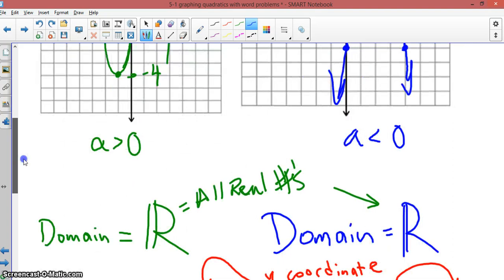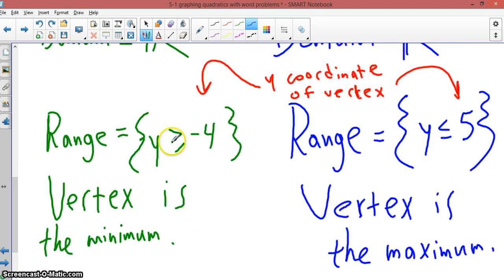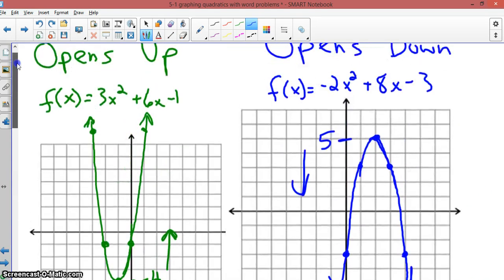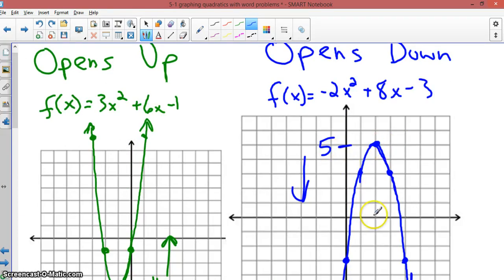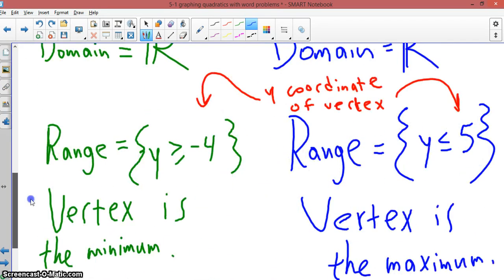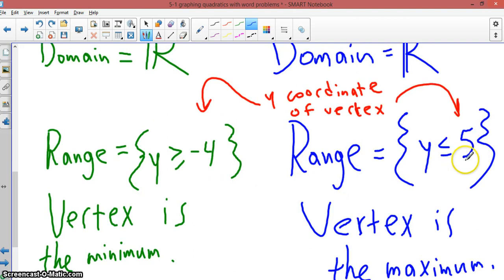So how we communicate that is, all the y values are greater than or equal to -4. This is -4 and above. This is the way we say that. Okay? And then for the blue one, it's from 5 and down, and the way we communicate that in mathematics is that y is less than or equal to 5. All right, so that's the domain and range.